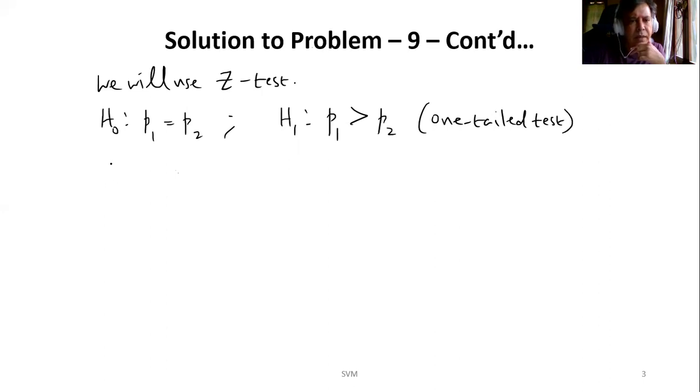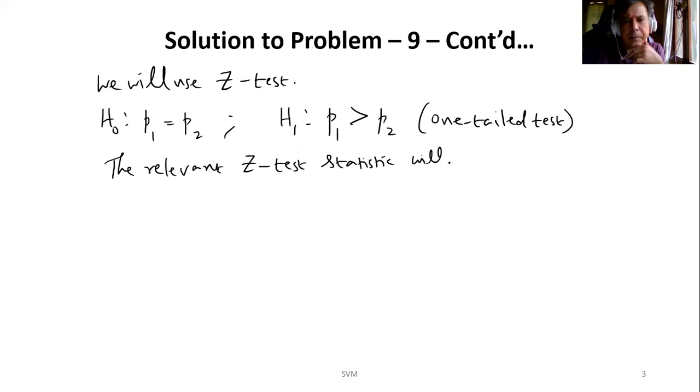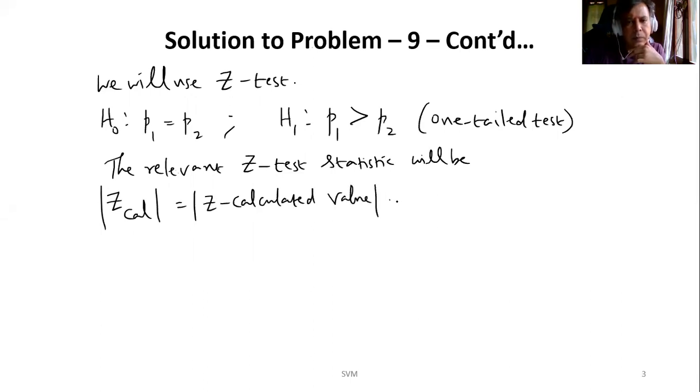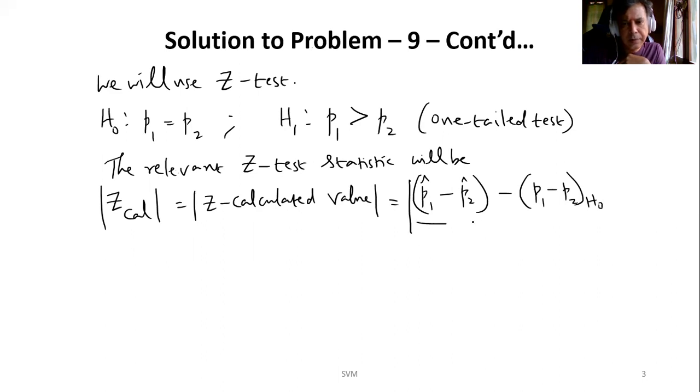Now, the relevant Z test statistic will be Z cal, that is Z calculated value, that will be modulus of P1 cap minus P2 cap minus P1 minus P2, population proportions difference under H naught, divided by standard error.